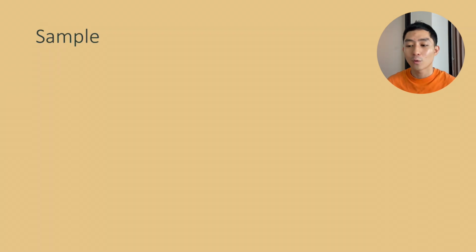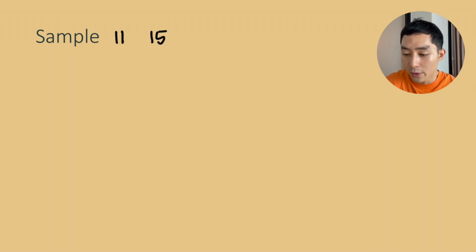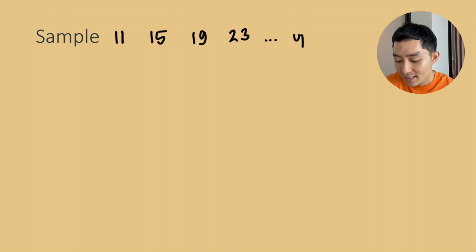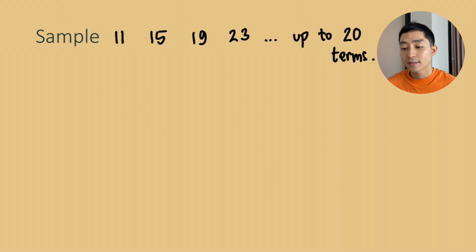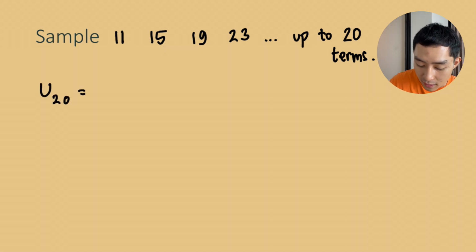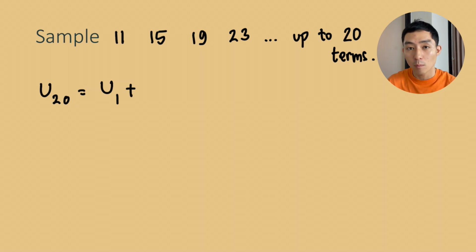Let's see how it works in a sample. I have numbers starting from 11, going to 15, going to 19, 23, and let's say this goes up to 20 terms. Let's say we are interested in finding U20, right? So U20 is U1 and I add to it the jumps, 20 minus 1.